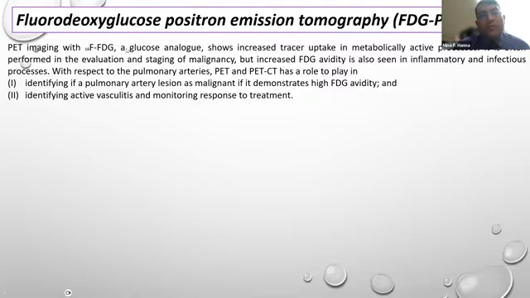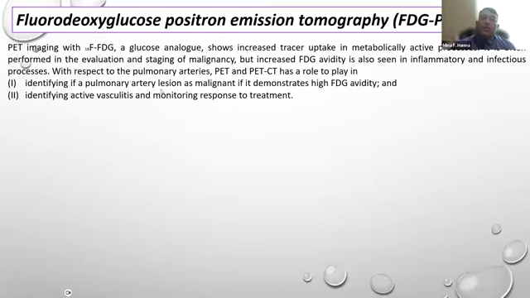PET imaging: PET FDG, a glucose analog, shows increased tracer uptake in metabolically active processes. It is often performed in the evaluation and staging of malignancy, but increased FDG avidity is also seen in inflammatory and infectious processes.